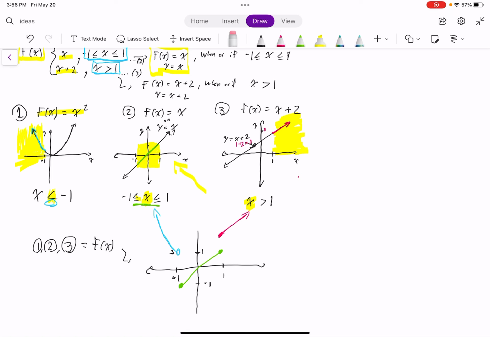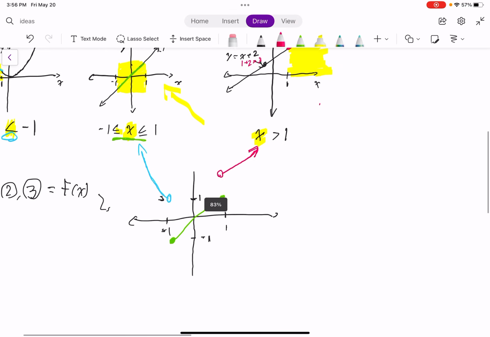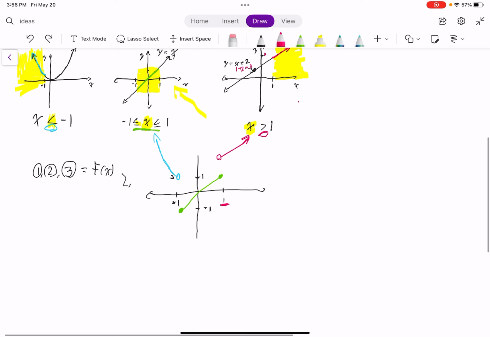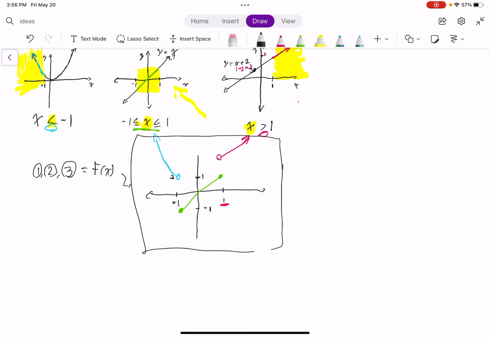And if you caught my error, it is actually an open circle, right? It is an open circle because it does not equal 1 right here, but it goes up to 1. So basically, the graph will look something like so, or it won't be in color, so it will look something like such.